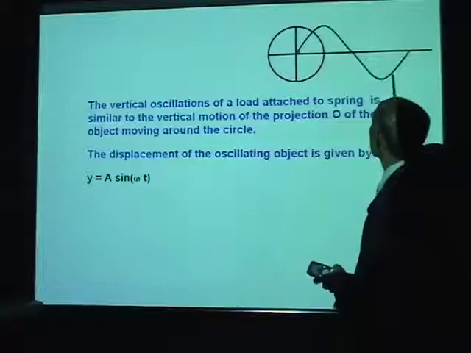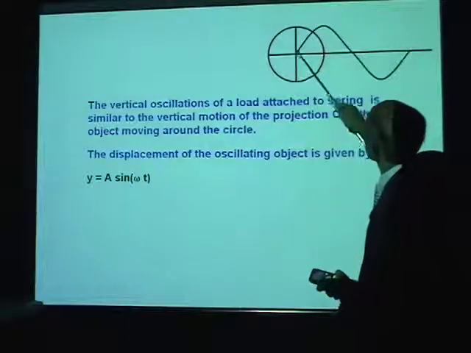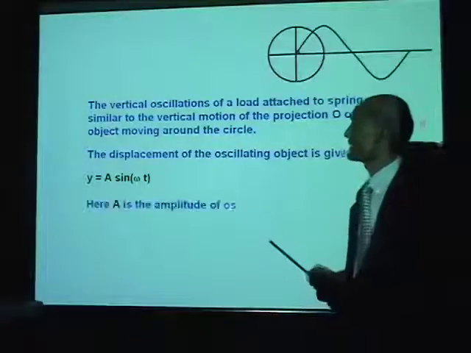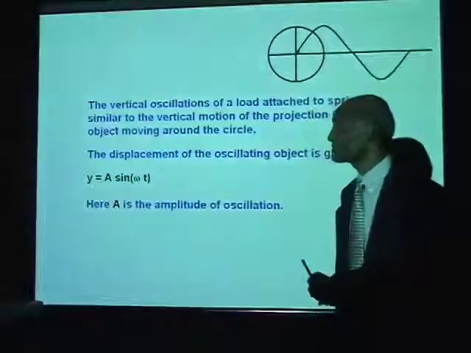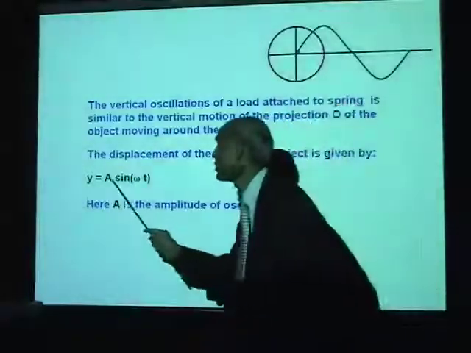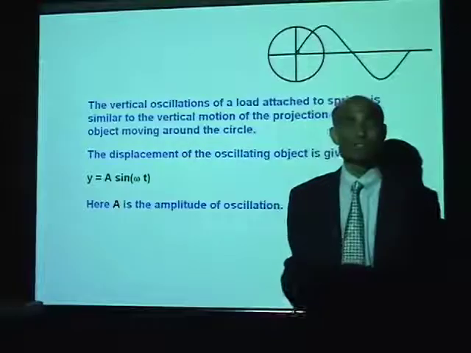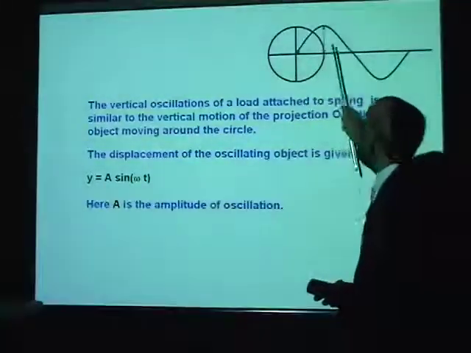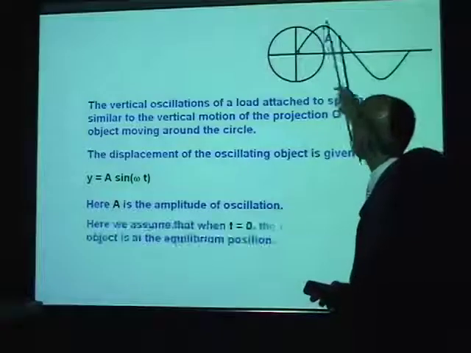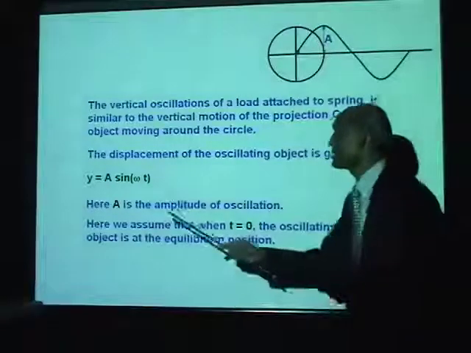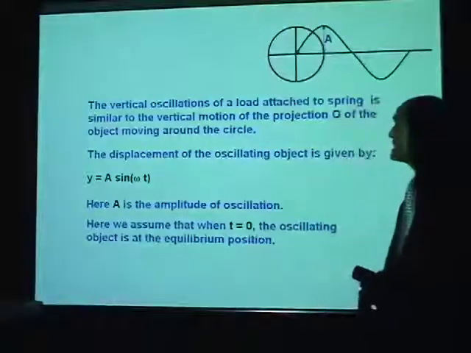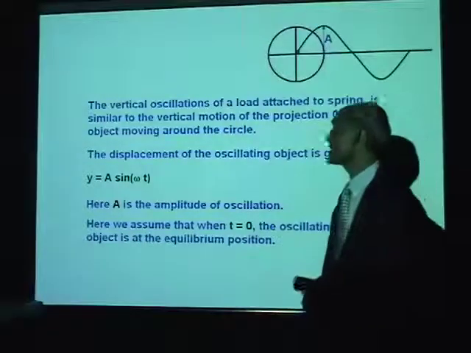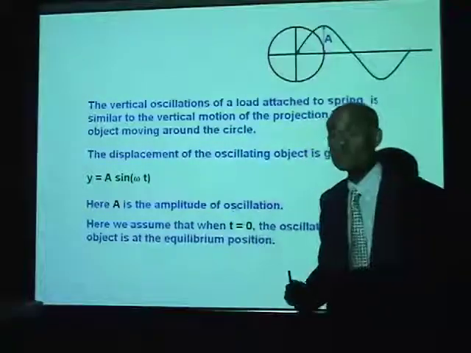It decreases to a minimum and increases to 0. That's a sine graph. Now here, A is the amplitude of oscillation. What does amplitude stand for? Amplitude is the maximum displacement. And there is the amplitude. That's the amplitude of oscillation. Now here we assume that when t equal to 0, the oscillating object is at the equilibrium position.